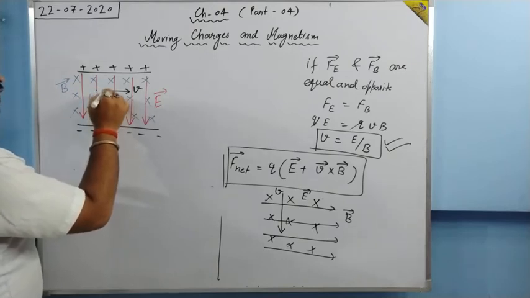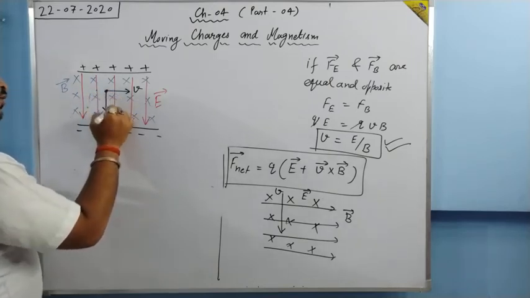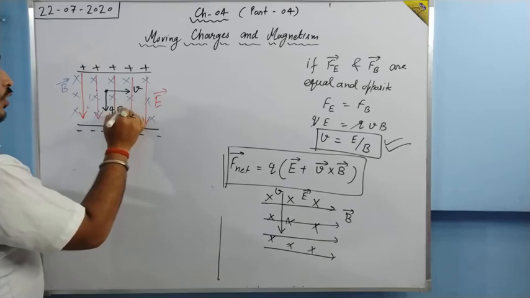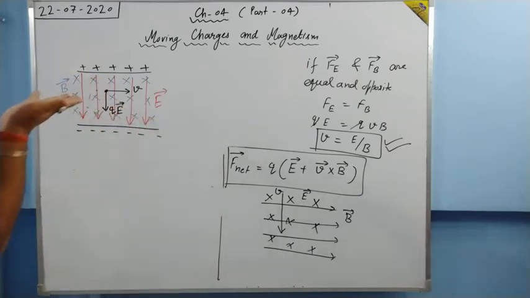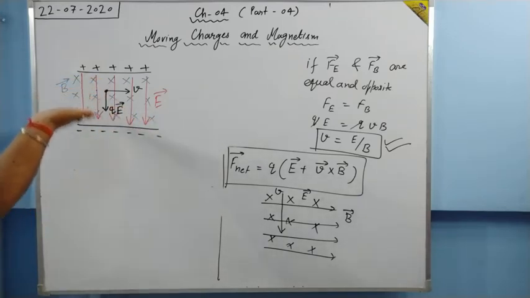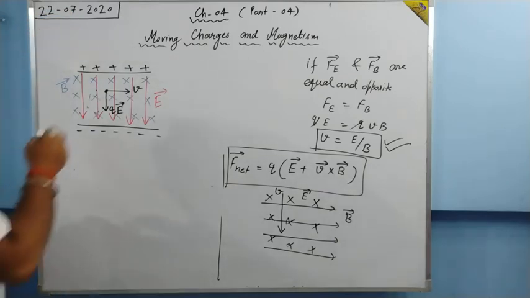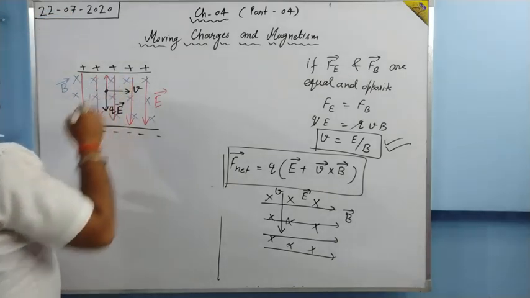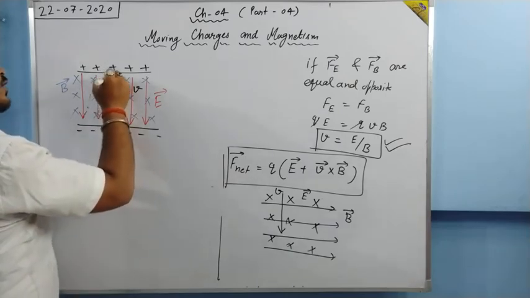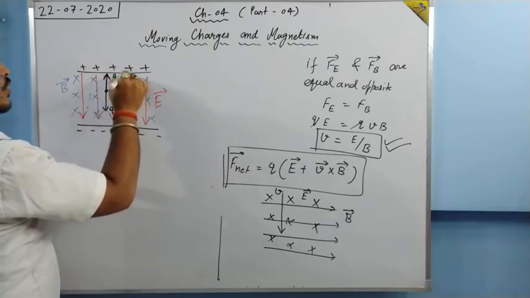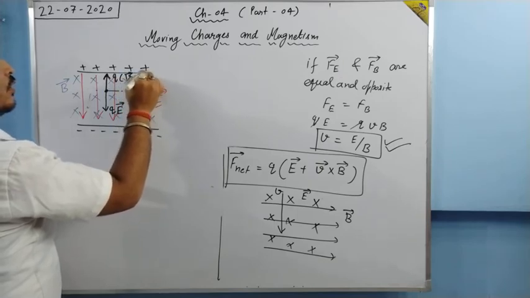The electric field will pull the charge towards itself. QE will be in this direction. And where will be the magnetic field force? Velocity is in this direction, magnetic field is perpendicular inward. What is the direction of force? Perpendicular upward. The force due to magnetic field is towards this direction. It is Q, V vector cross B vector.